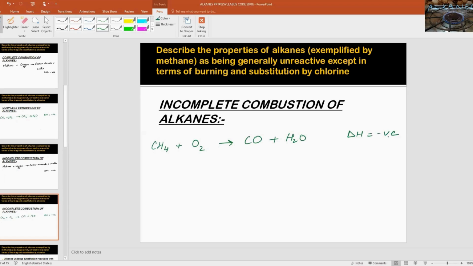Again, carbon is balanced on both sides, but both hydrogen and oxygen are unbalanced. In order to balance the hydrogen, I will write 2 before water. Now the hydrogen is balanced. What about oxygen? On the reactant side, the number of oxygen atoms is 2, but on the product side it is 3. So I can write 3 by 2.